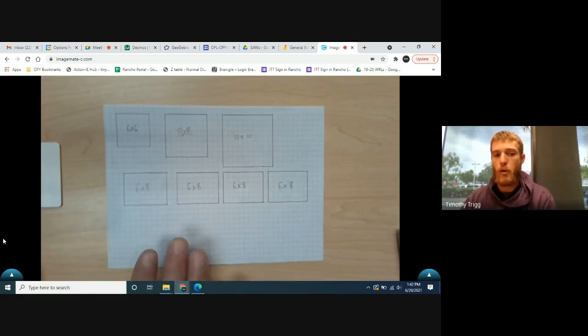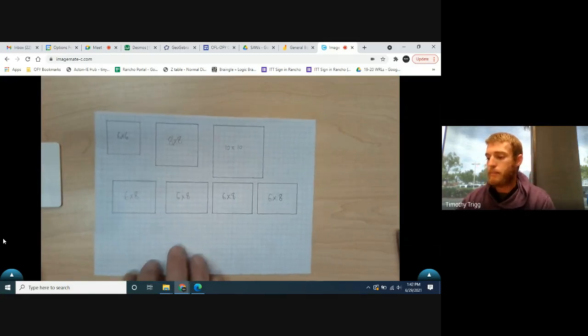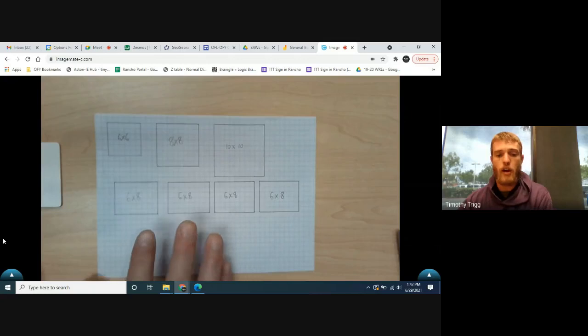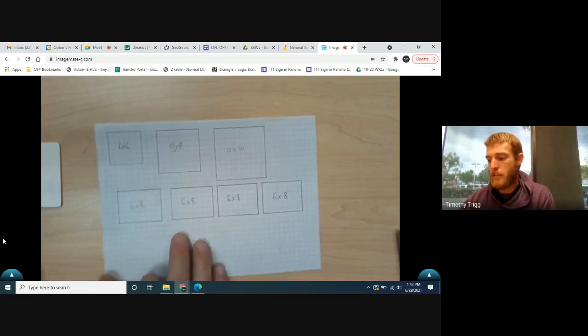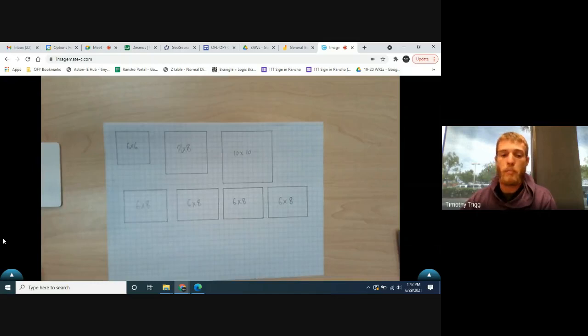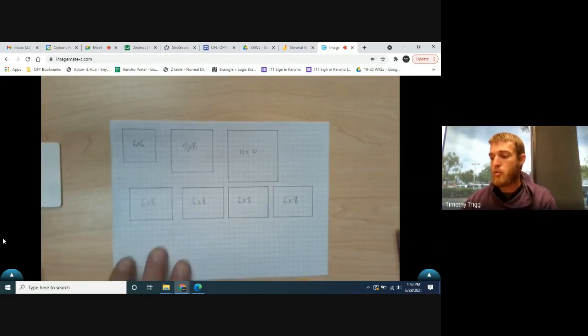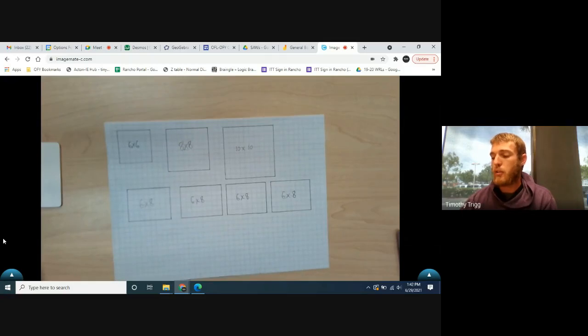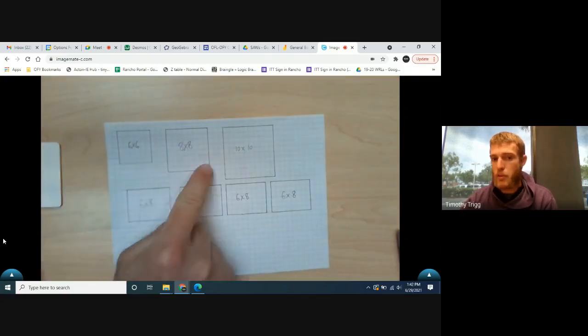The first thing I want to point out is that on your graph paper, I want you to draw out these figures with a straight edge. It's very important that you use a straight edge in this case, because the more perfect your lines are, the easier this project is going to be for you. With your straight edge, you're going to make these 3 squares.